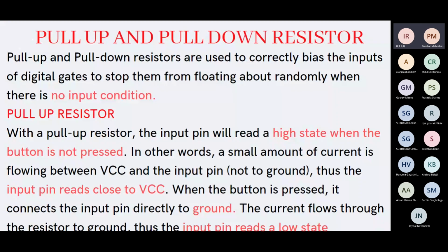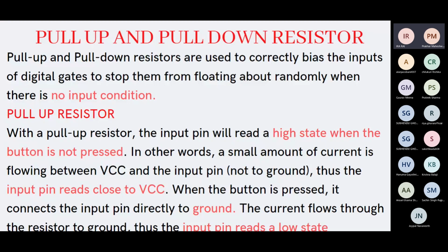Pull-up and pull-down resistors are used to correctly bias the inputs of digital gates to stop them from floating about randomly when there is no input condition. When we have no input condition, the pin is neither connected to ground nor to any voltage, and we don't want that floating, undefined state of the pin.